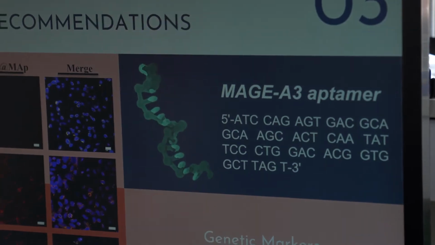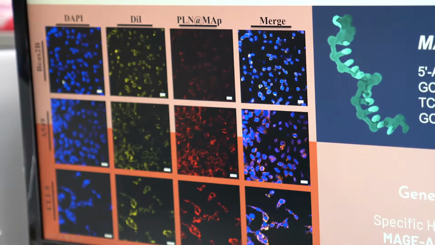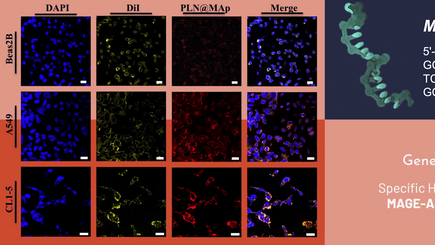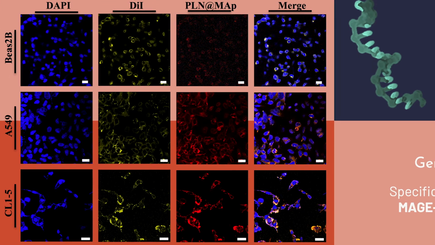Here we use confocal images to confirm this result. We can see BEAS-2B is the normal cell, and A549 and CL1-5 are cancer cells. So when a cancer cell is treated with our particle, it accumulates more particles at the tumor site and generates a stronger, more specific luminescent signal.